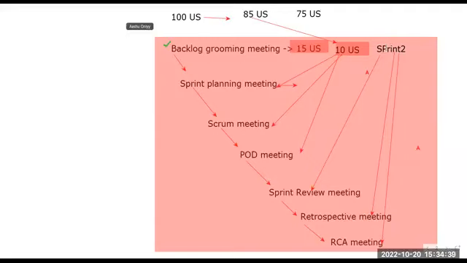Now we will think about sprint 3. Again, we are going to prioritize the tasks. 75 is pending. Now again, we will pick some user stories out of 75. Again, we will take 15 user stories, and that will be our sprint 3. So here first, we will have the backlog meeting, sprint planning meeting, daily meeting.